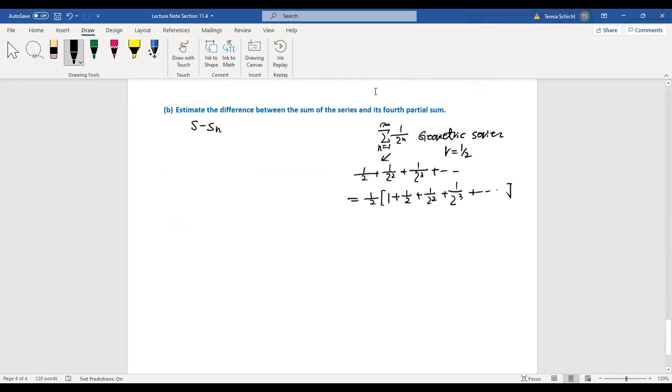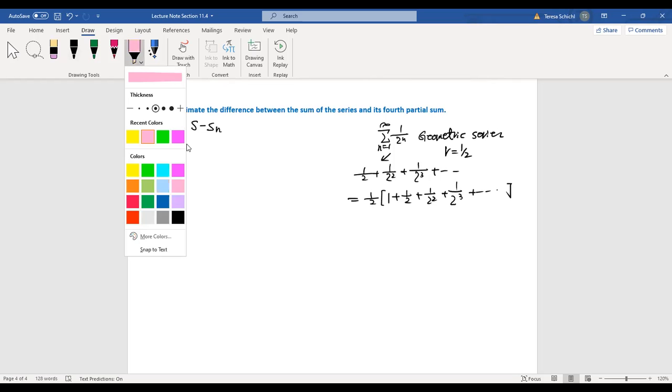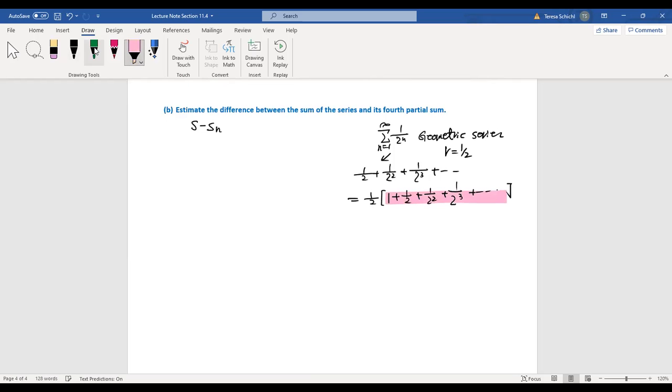Then remember, by the geometric series, what is this inside going to be? It will be 1/(1 minus 1/2). So the whole thing is 1/2 times that, which is 1/2 over 1 minus 1/2. So I know the whole thing approaches 1.